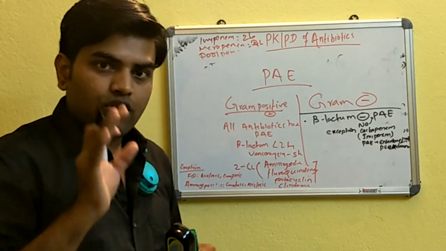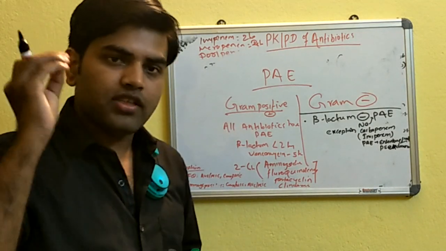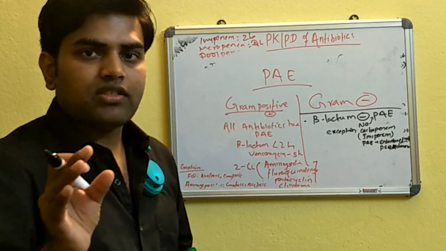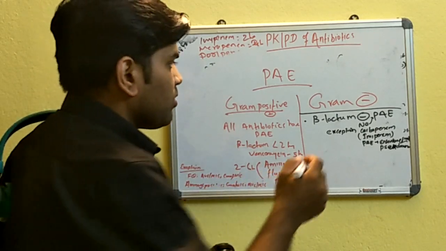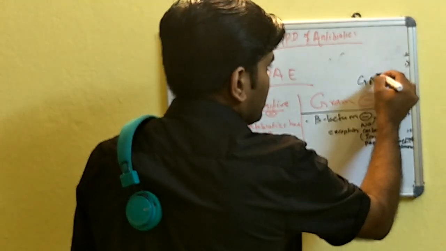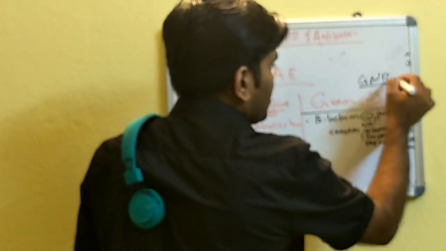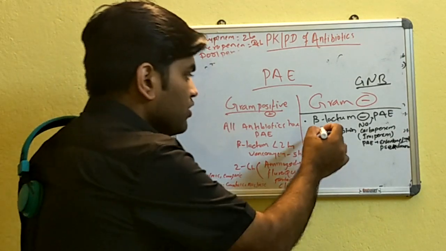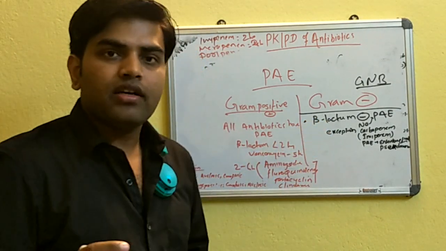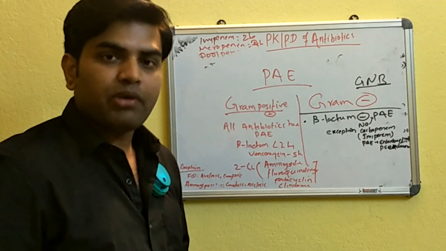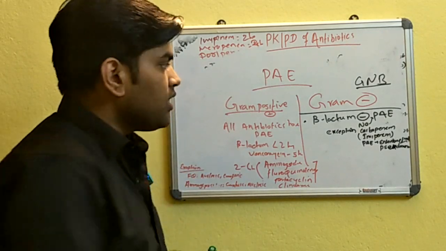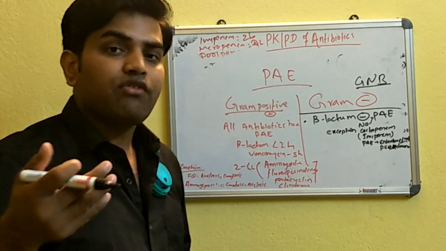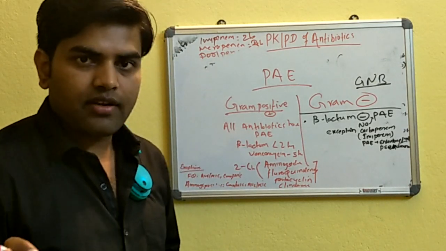So from now you have to understand that if there is a GNB organism, GNB sepsis, GNB infection, that is gram negative bacilli, then if you are choosing a beta lactam antibiotic, the previous PKPD parameter also suggests the same thing. Since it has no post antibiotic effect, its dose should be given frequently. That you have to understand.